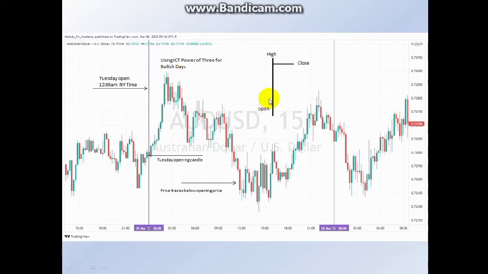The power of 3 is like, if we are expecting a bullish day, we are expecting the market to open, trade down first, trade up to form the high of the day, and close. So if we are hoping to buy in the market, we are going to be hunting for our buy entries below or near the opening of that particular trading day.